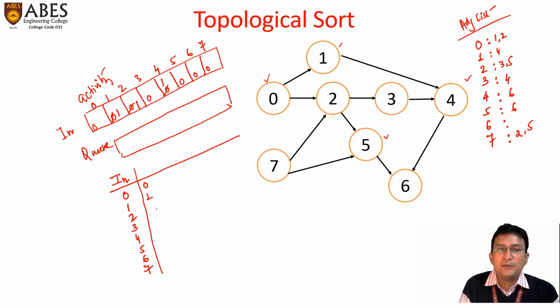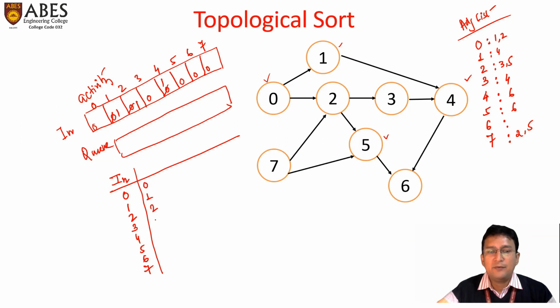With the help of the graph also, you can just find out. In degree of 2 is 2. The vertex number 2 is dependent on two activities, 0 and 7. Hence, the in degree of 2 is 2. Then in degree of 3 is 1. In degree of 4 is 2. Then in degree of 5 is also 2. In degree of 6 is also 2. And in degree of 7 is 0.